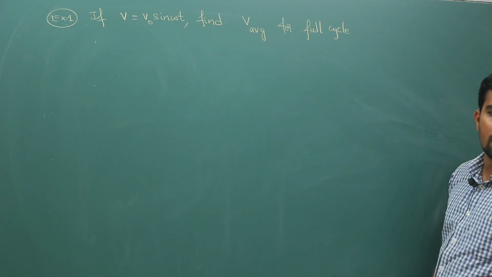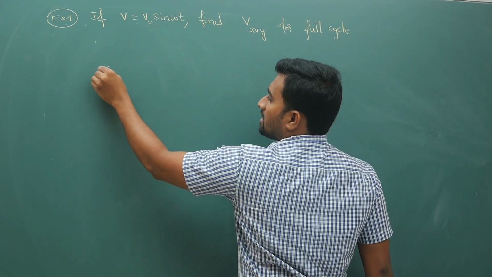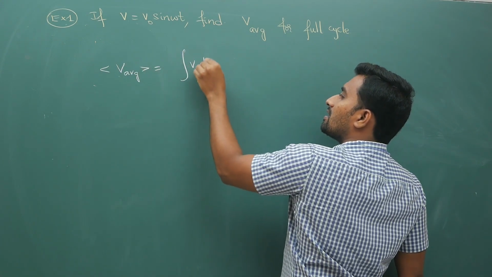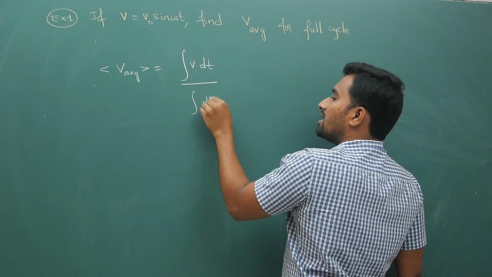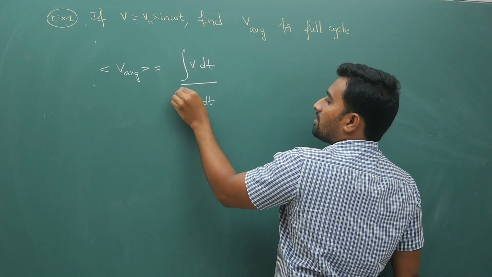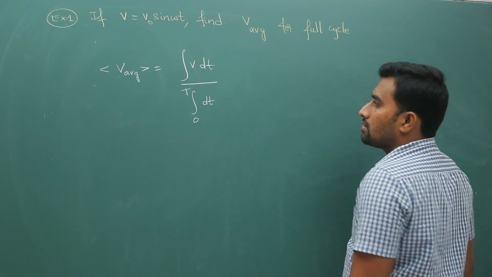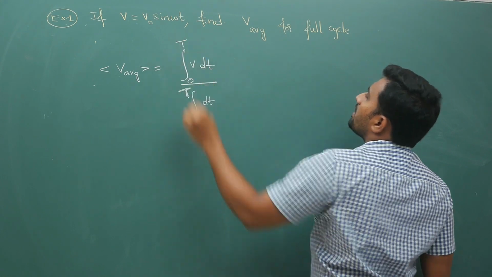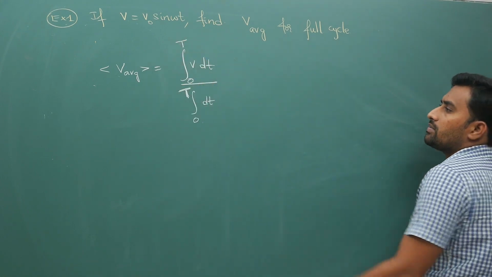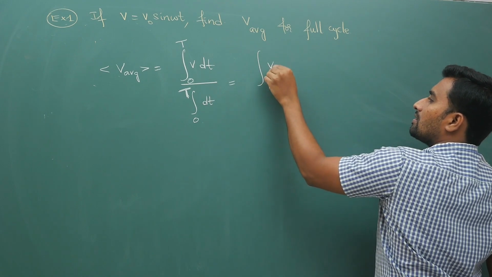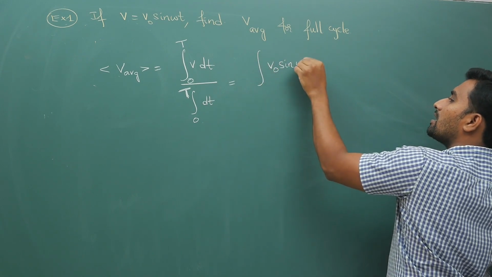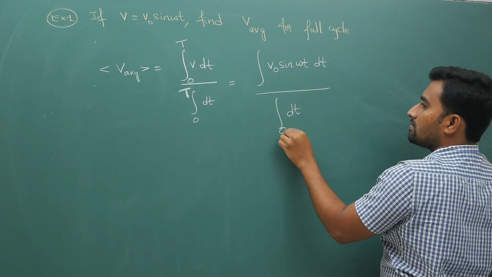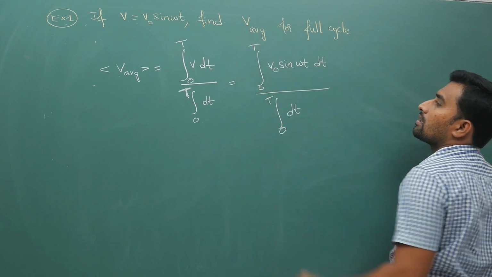Now to solve the answer for this question, I have explained in maths very clearly, your average value of voltage is integral of V dt by integral dt from 0 to T, okay, for full cycle it is T, so 0 to T, okay. Now what is V? Your V is V naught sin of omega t dt whole divided by integral dt from 0 to T, okay.